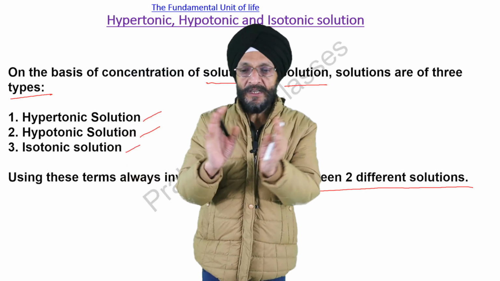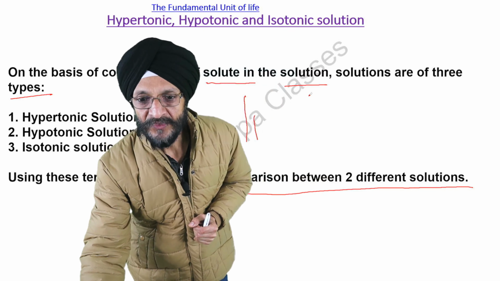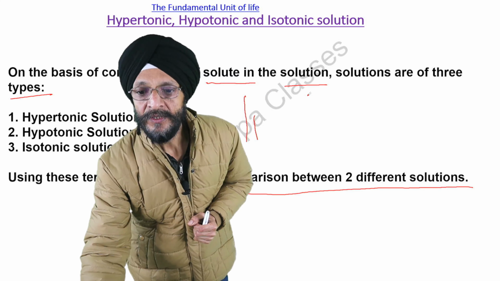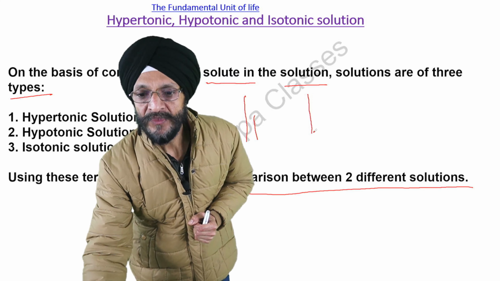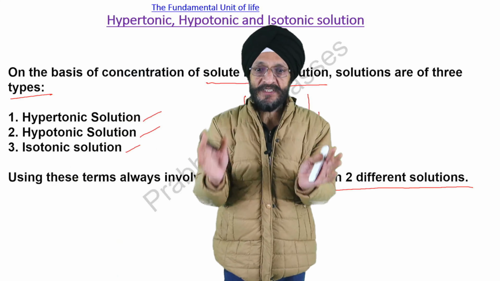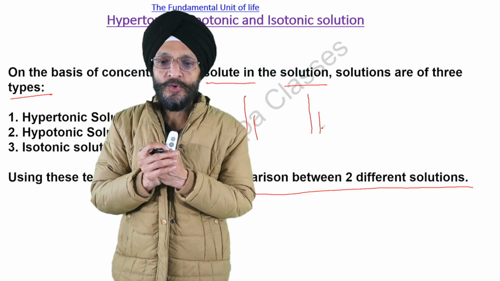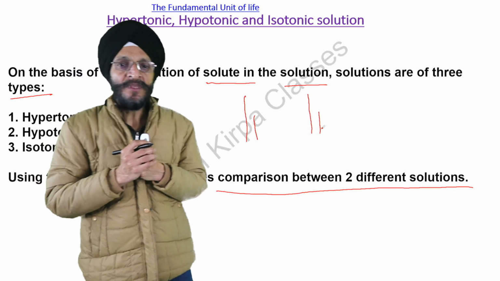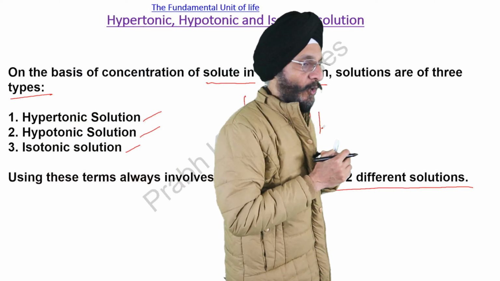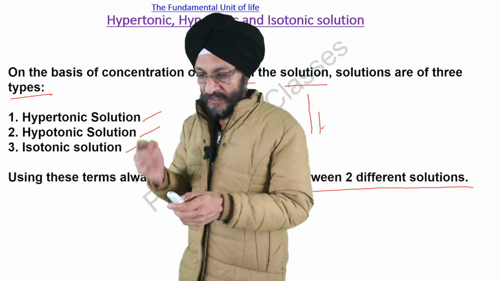That is, we are making comparison of two persons. Next, if we say that he is more beautiful than her, we are again making comparison of two persons. In the same way, when we are talking about hypertonic solution or hypotonic solution, there must be the presence of some other solution with which the comparison has to be made.